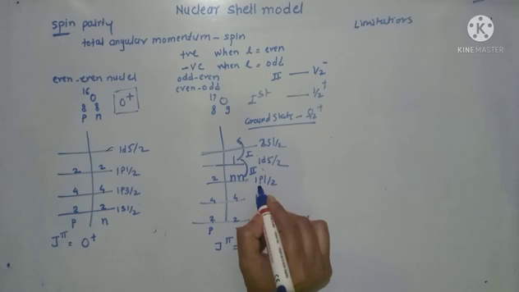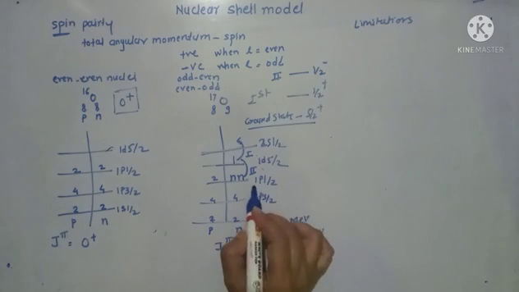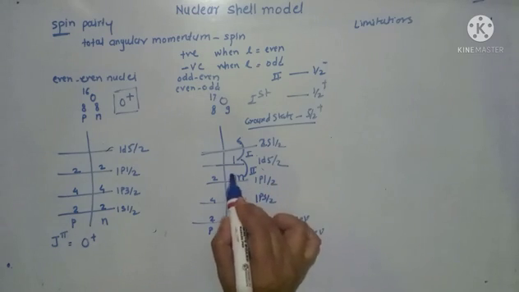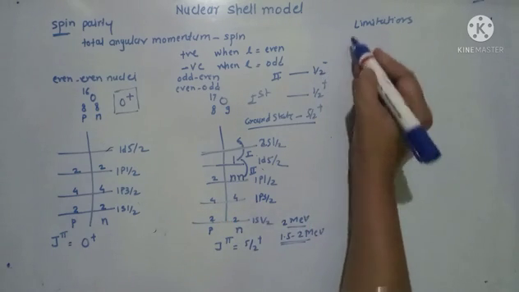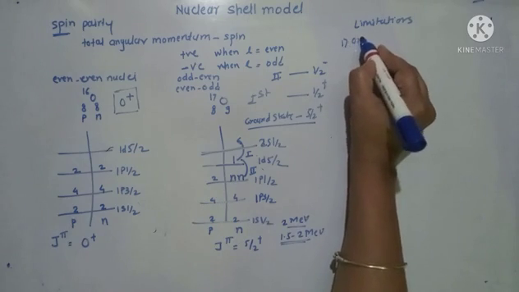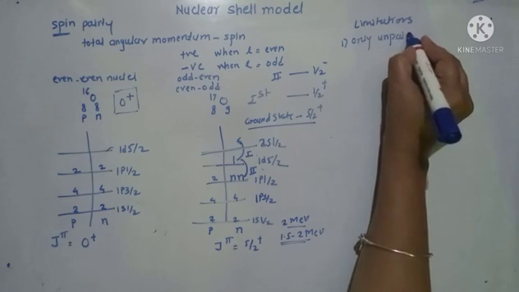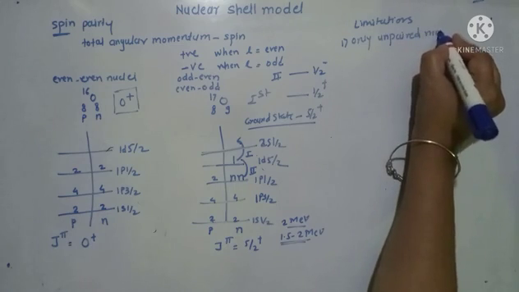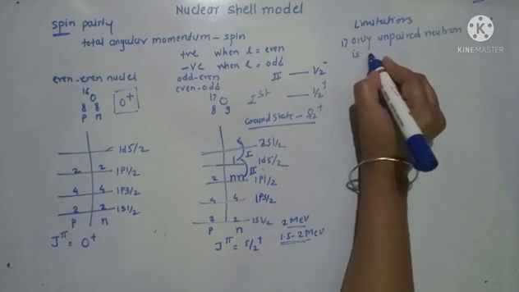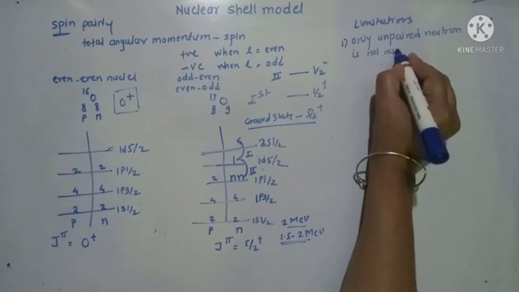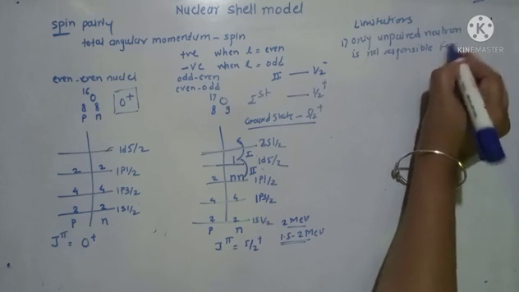L is odd, therefore parity will be negative. So the spin parity of the unpaired neutron only can give me the 1/2 minus, which says that only the unpaired neutron is not responsible for the spin parity.